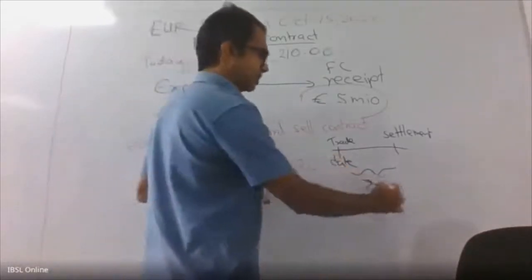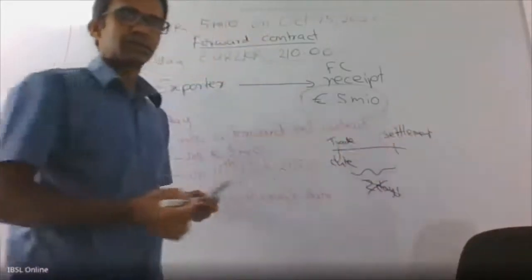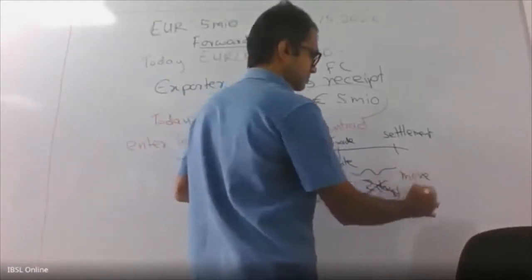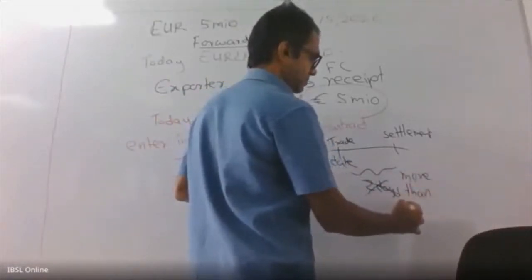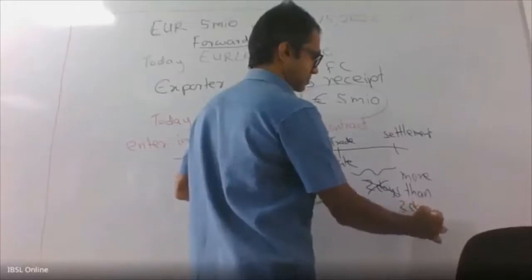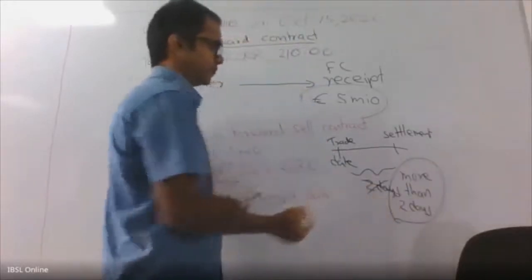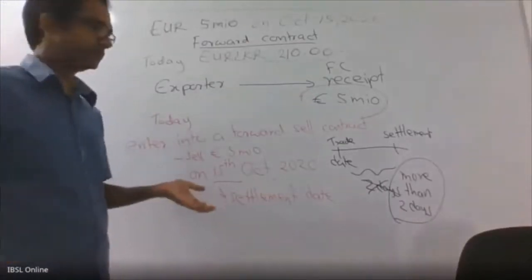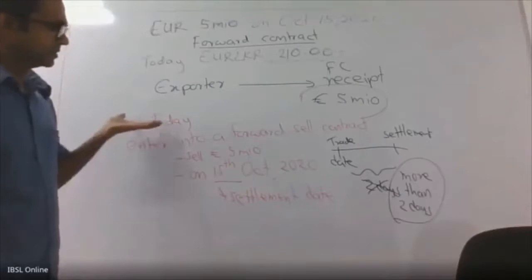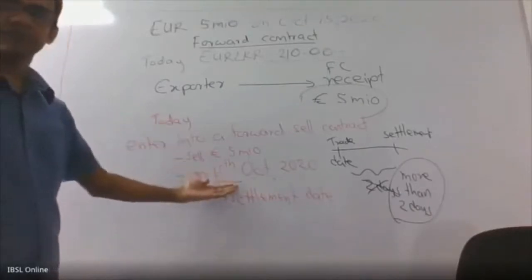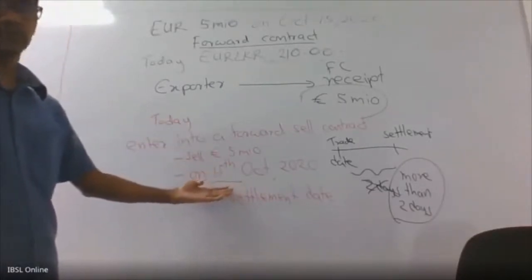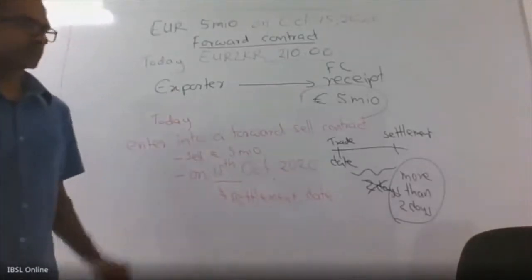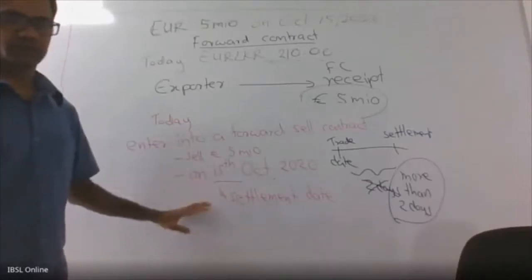But if it is more than 2 days, beyond spot, then it's a forward transaction. So today, 12th July, we enter into a transaction to sell euros on 15th October, more than 2 business days. So this is a forward transaction.